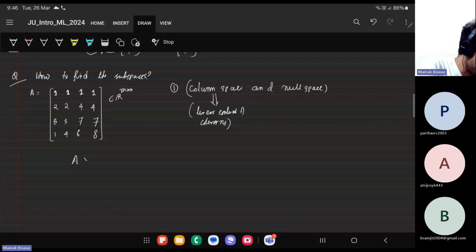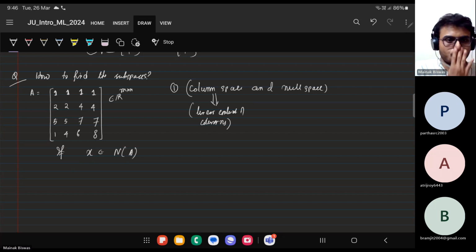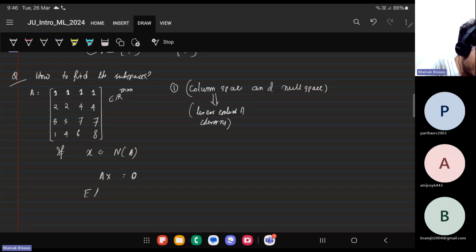Correct. So say X belongs to the null space of A. Then what can I write? Ax equals 0. Yes or no? Good. So can I also write EAx equal to 0? E is some matrix.